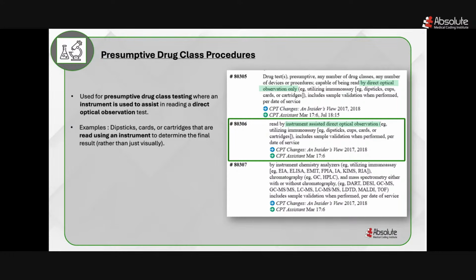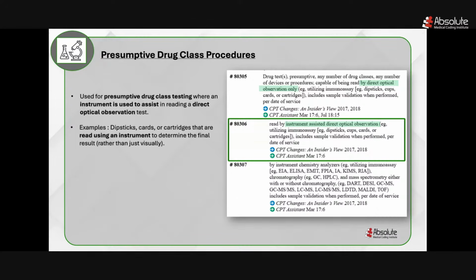But instead of reading them by eye, here these are inserted into instruments which analyze and give the final result. So basically it's just like adding a little tech to boost your visual test, right? Now here also you will report these codes only once per day.